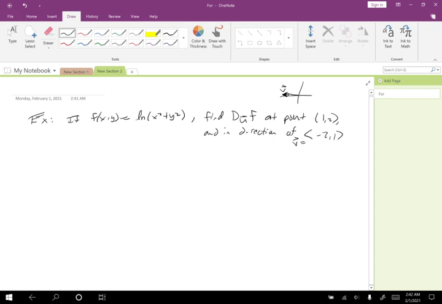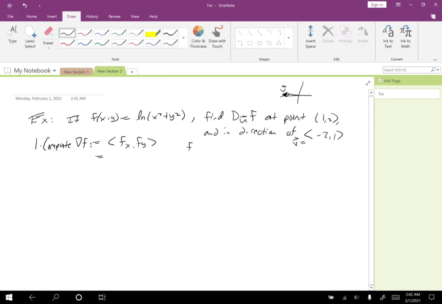I think you can break this down into several steps. The first step is to compute the gradient of f, so fx, fy, that's what that means. You just compute each of these things.